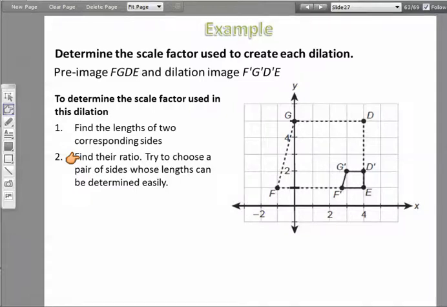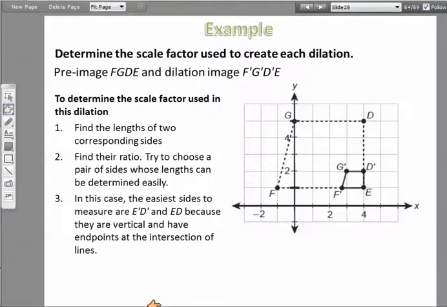Now, when you're choosing the sides, you need to try to choose a pair of sides whose lengths can be determined easily. So if I look at this picture, you don't ever want to get a diagonal one unless you have to, because then you've got to use the Pythagorean theorem to figure out what the length is. So you don't want to do that. You always want to get horizontal or vertical lines.